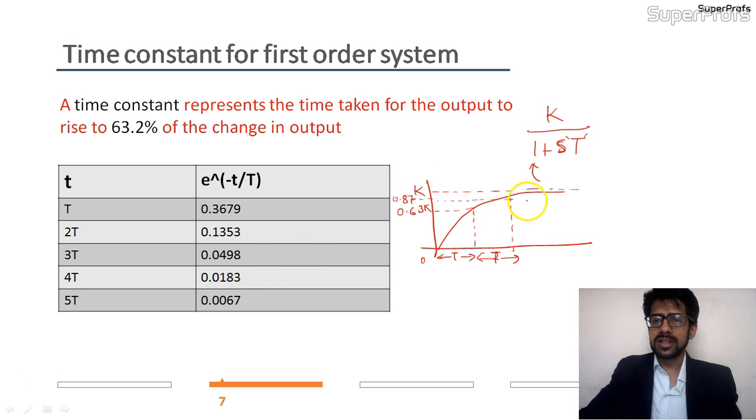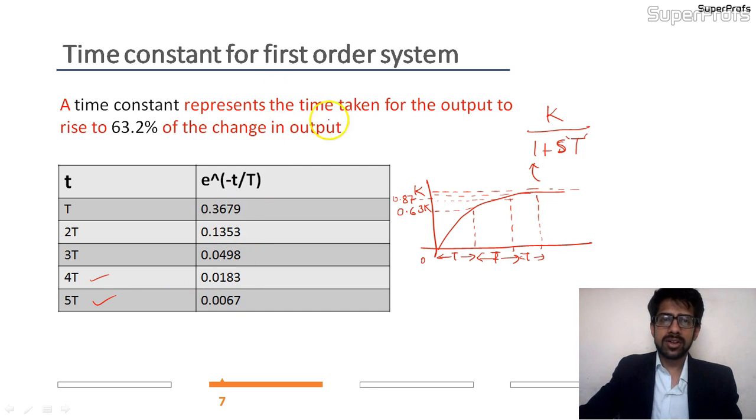In the third time constant, the system reaches 96% of the final output. As you can see, for equal times, the rise in output is lessened, and this is how a first order system works. So this is the physical significance of a time constant. Safely you can agree that in 4 time constants or 5 time constants, the system reaches its desired final value.